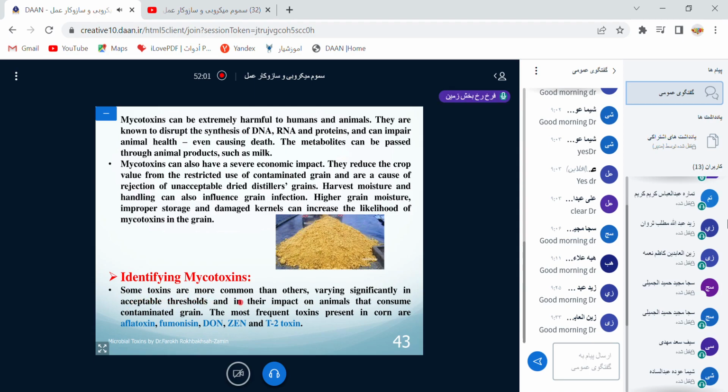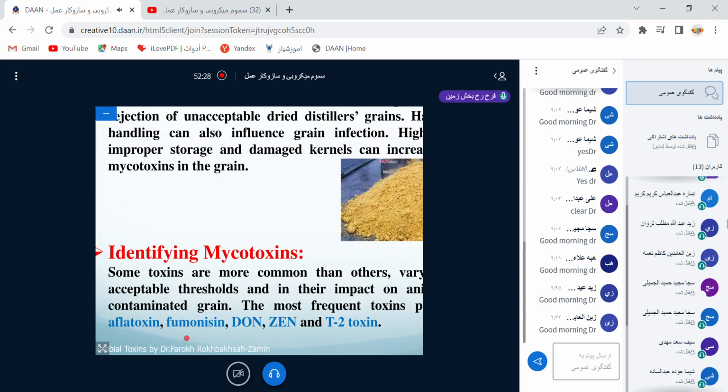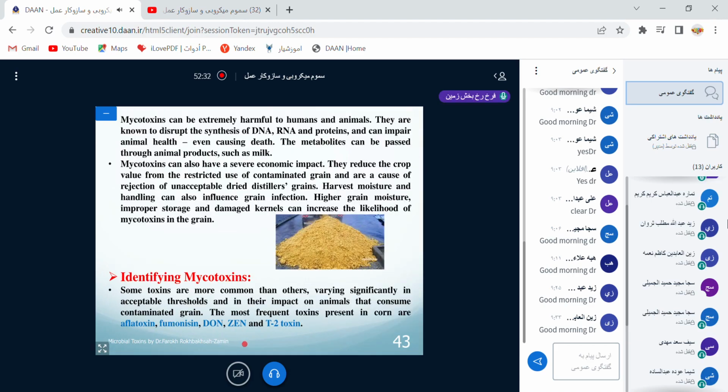Some toxins are more common than others, varying significantly in acceptable thresholds and in their impact on animals that consume contaminated grain. The most frequent toxins, which many times I informed you, and especially present in corn, are aflatoxin, fumonisin, DON, ZEN, and T2 toxin.